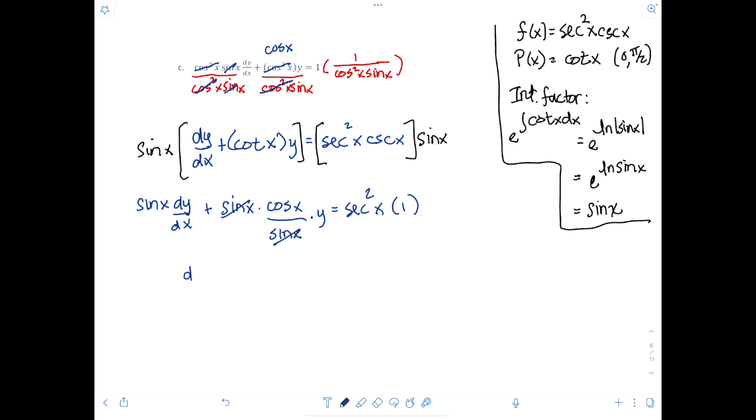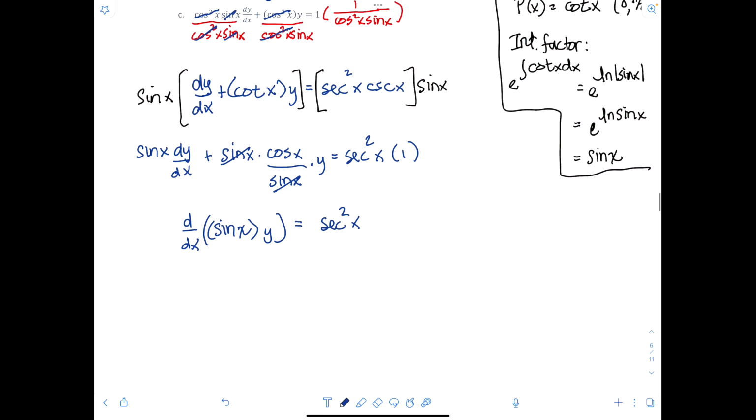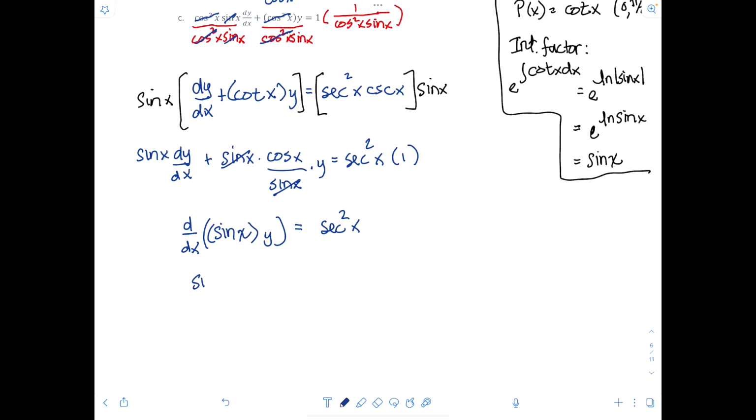We will have d dx of sine of x times y is equal to secant squared of x, and then getting it ready to integrate, separating the variables, we'll have sine of x times y differential equal to secant squared of x dx.